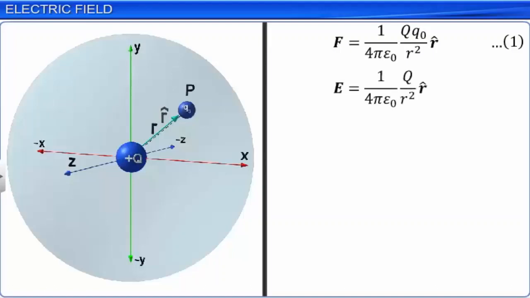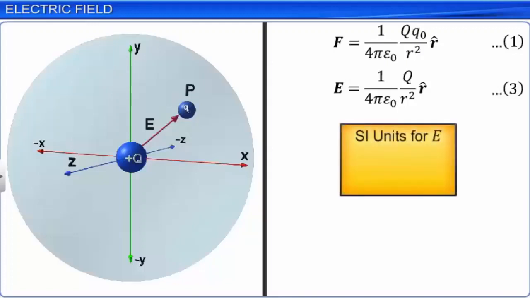Let this be equation 3. Electric field strength E is a vector quantity pointing in the direction of the force on a unit positive charge at a point in the electric field. In SI, it is measured in Newton per Coulomb or volt per meter.